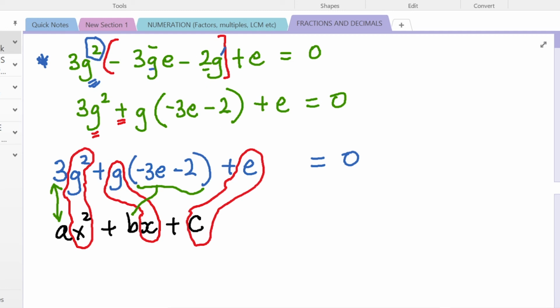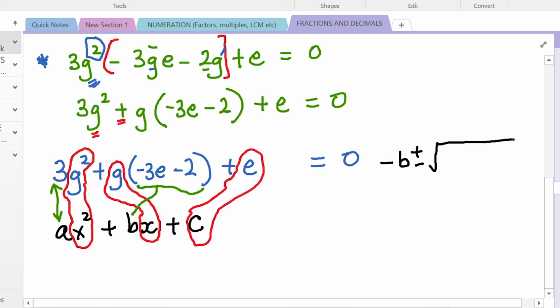Now we know that when it comes to quadratic expressions, we have what they call the bulldozer method. Sometimes it's called the quadratic formula, where we have minus b plus or minus the square root of b squared minus 4ac, divided by 2a.